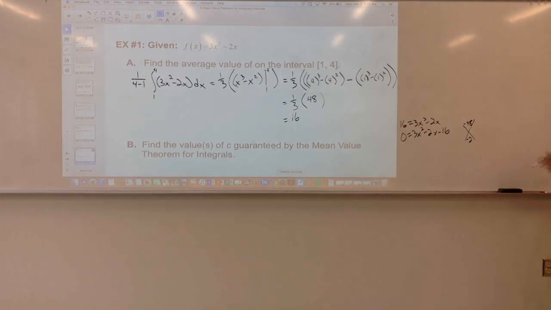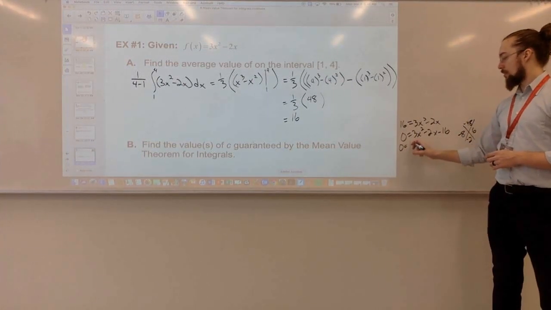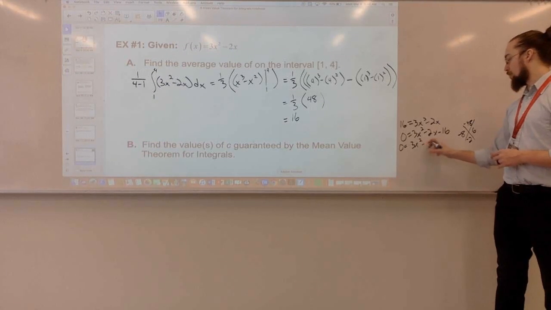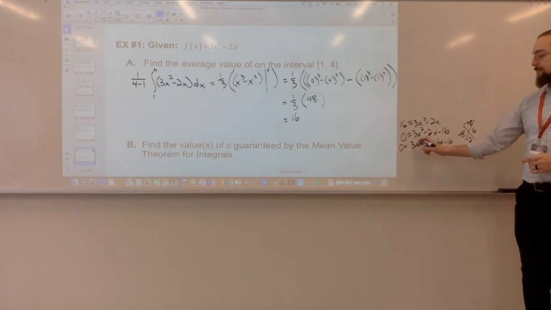And so if we want to think about factoring, we want two numbers that multiply to negative 48 that add to negative 2. 8 and 6, and the 8 would have to be negative. So I have to factor this by grouping. So we can say 3x squared minus 8x plus 6x minus 16.